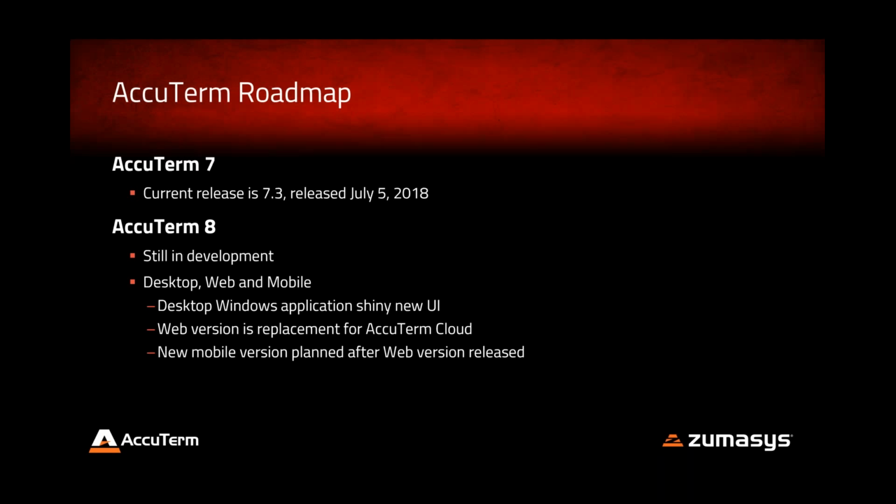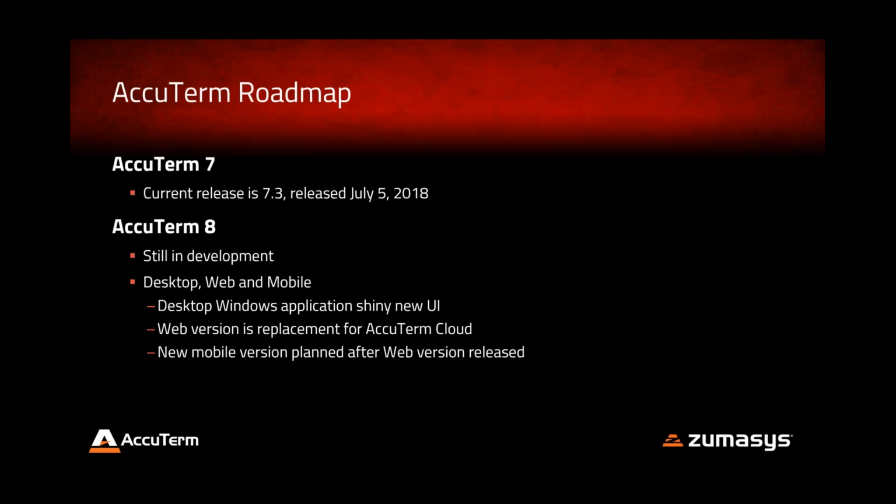There are 3 flavors of Accuterm 8. There's a desktop version, a web version, and a mobile version. The desktop version is going to have a nicer, fancier UI and several other cool things, which we'll talk about in a minute. The web version is a replacement for Accuterm Cloud or Accuterm Internet Edition, because right now about the only browser that supports that is IE, which even Microsoft doesn't put on the front page of Windows 10 anymore.